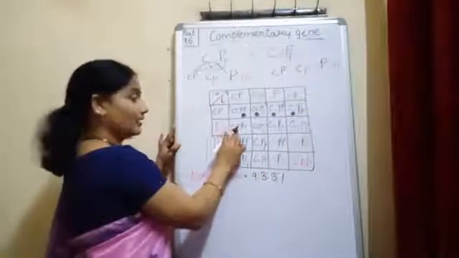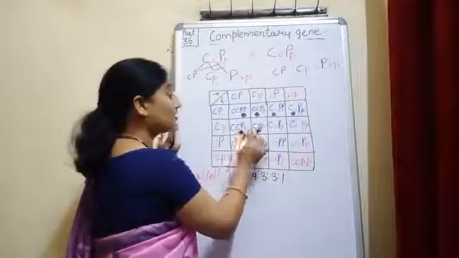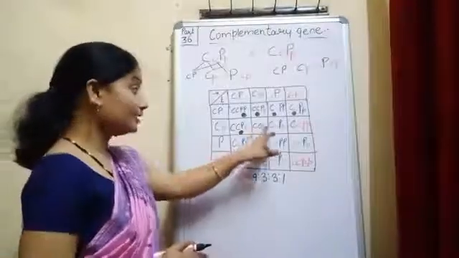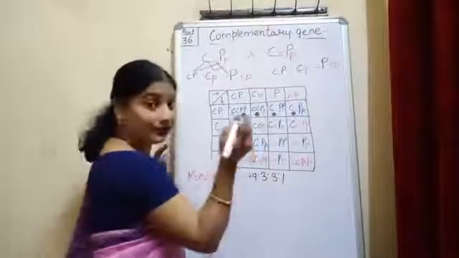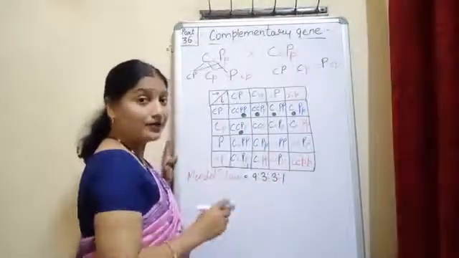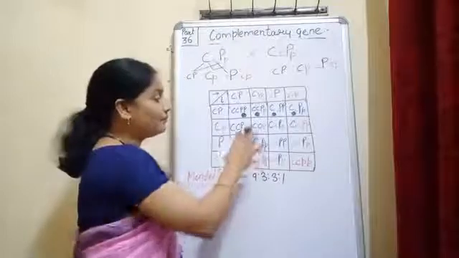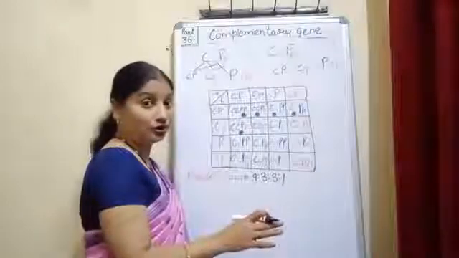Now see, capital C with capital P, purple color. Now see, capital C is there, but P is in the recessive form. So if C is there, it means chromogen will form. But if P is not in the dominant case, it means anthocyanin will not form.